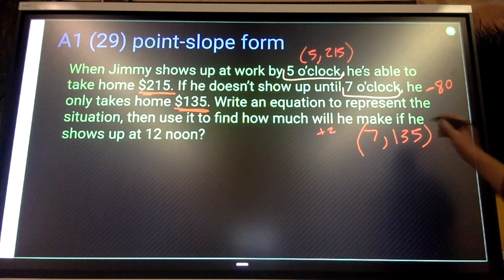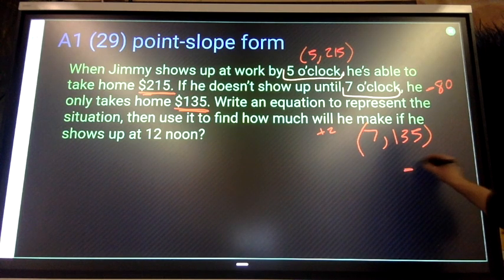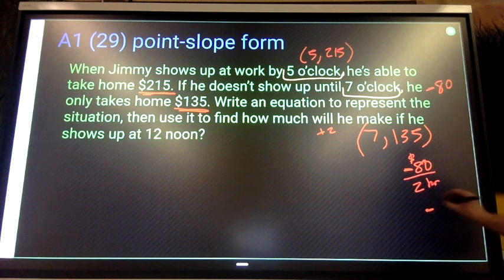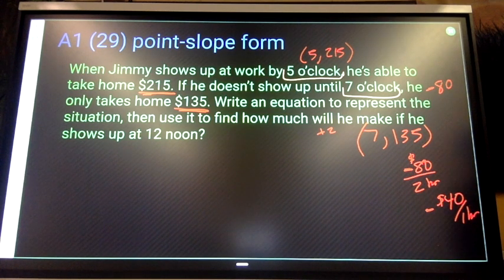All right, so my slope will be minus $80 for every 2 hours, or that will simplify down to minus $40 an hour. Okay? Every hour that he comes later, he loses another $40.